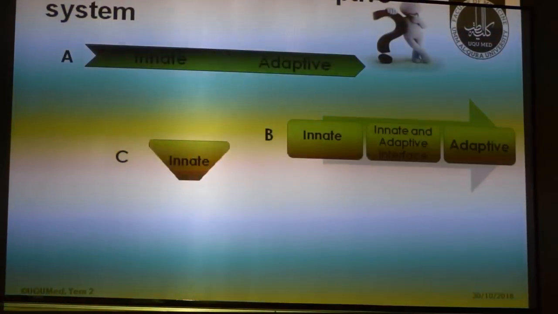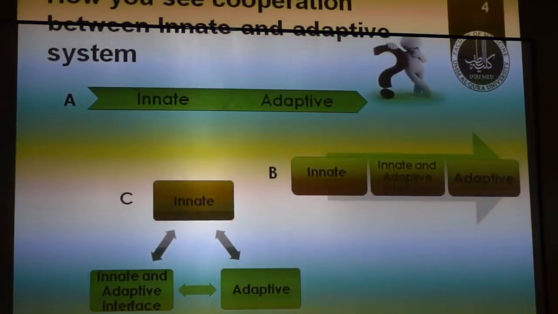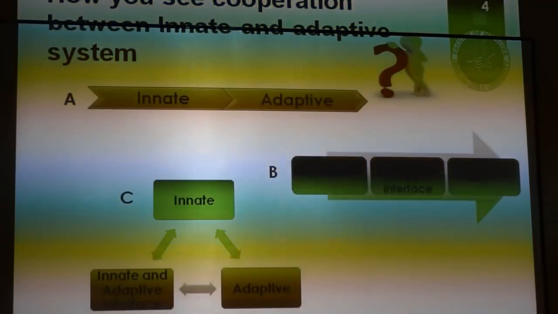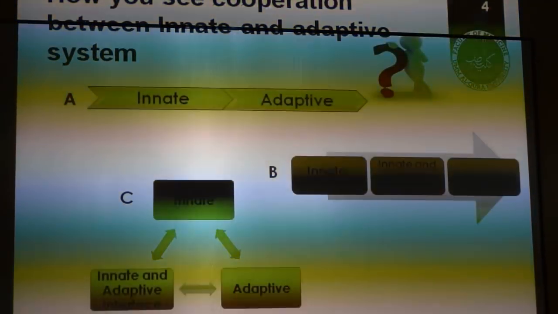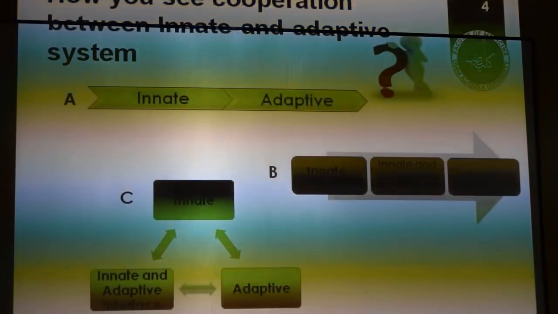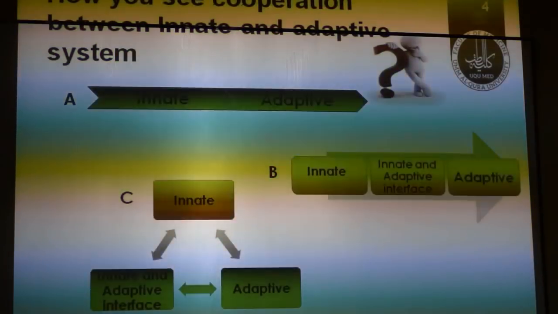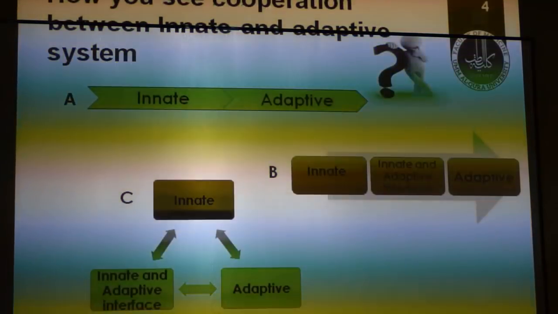And scheme C is that innate, adaptive, and the adaptive interface are linked to each other in a circle, in both directions. It's not that it goes from innate to adaptive or from innate to the interface. It just keeps going in all directions. So which of these 3 schemes do you think the immune system works in?